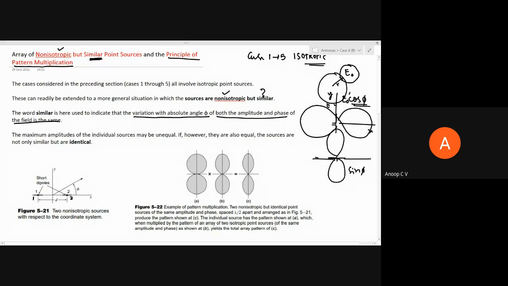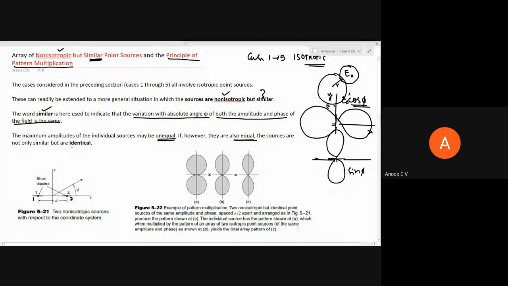That is meant by similar. It doesn't mean both sources should have the same amplitude. The maximum amplitude of the individual sources may be unequal, but even then they are similar. But if the maximum amplitudes are also equal, the sources are not only similar but identical.